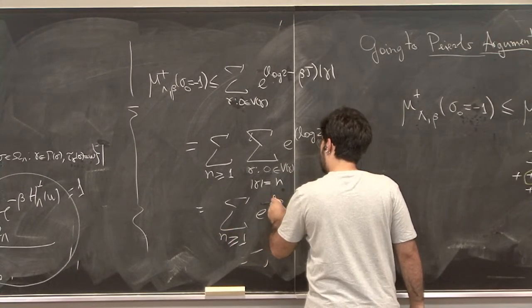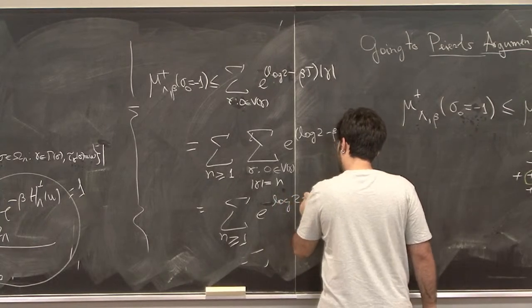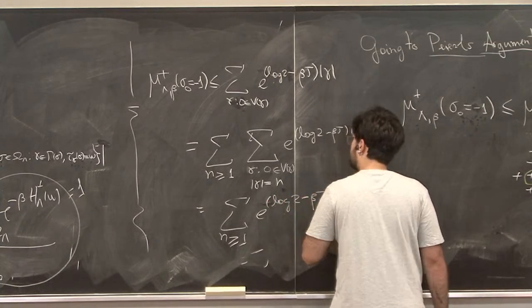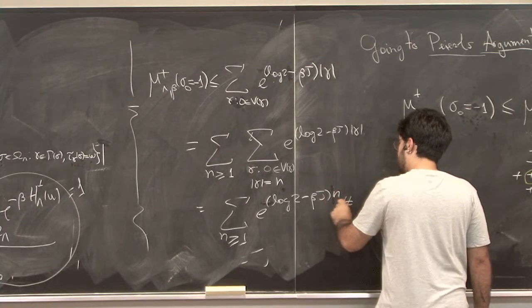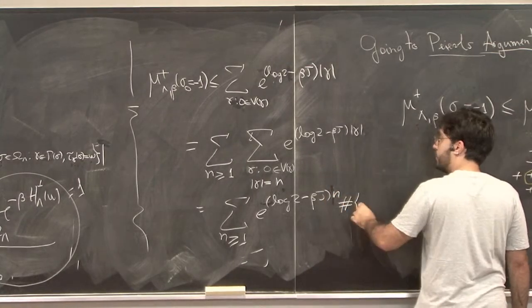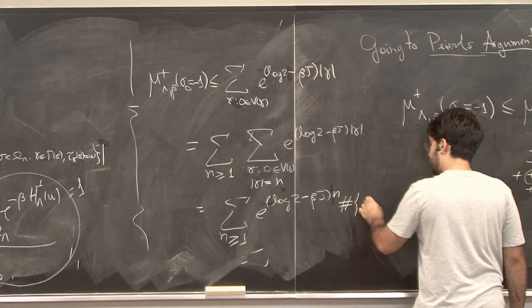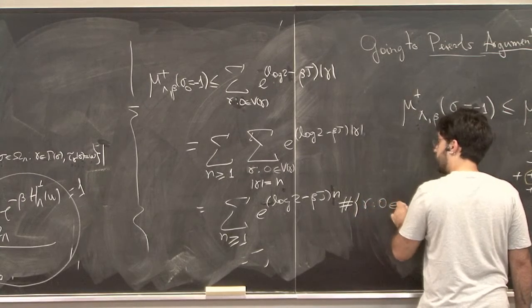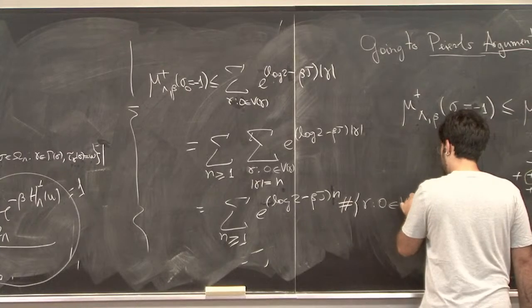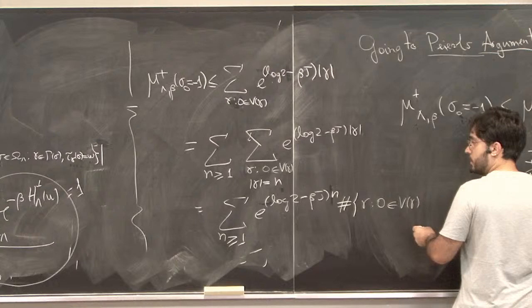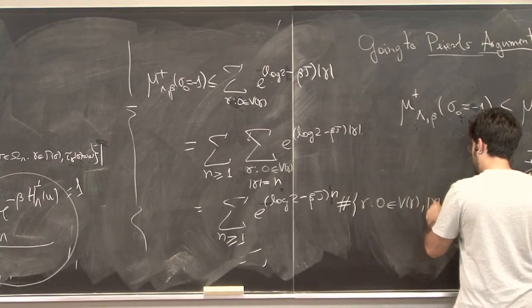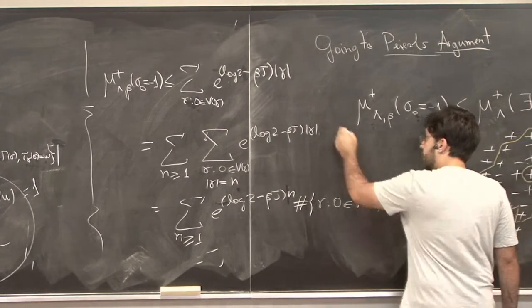So log 2 minus beta j, n times what? Times the number of contours such that 0 is inside V gamma and its size is exactly equal to n.